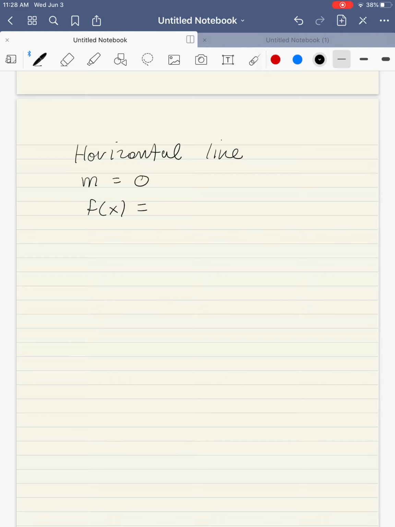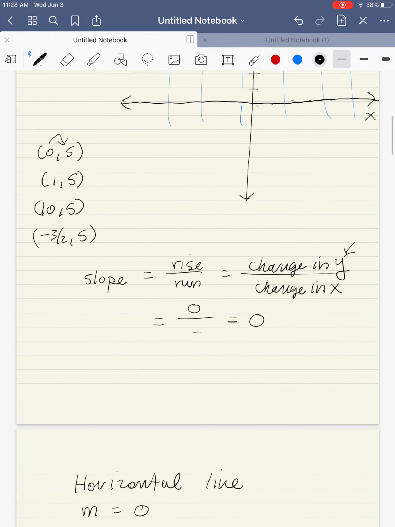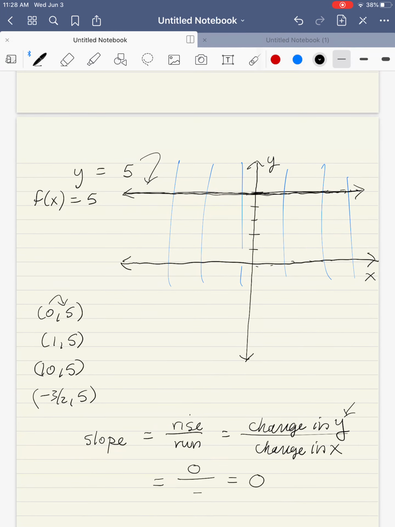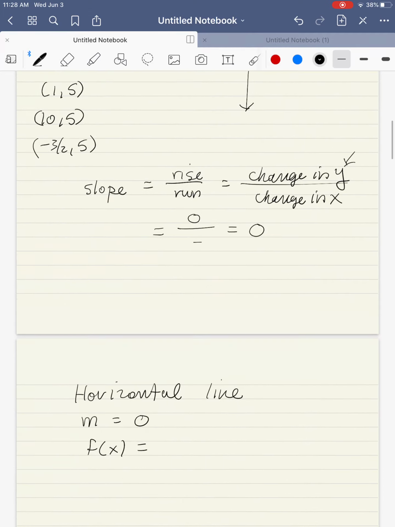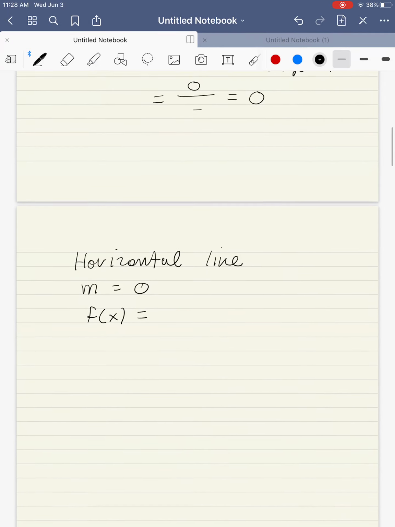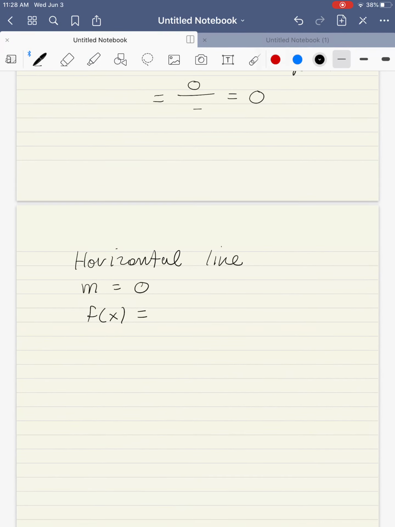And it can be written as a function, and it's just going to be f of x equals, and notice right here where this line y equals 5 crosses the y-axis is the point 0, 5. So that tells me 5 is the y-coordinate of the y-intercept.